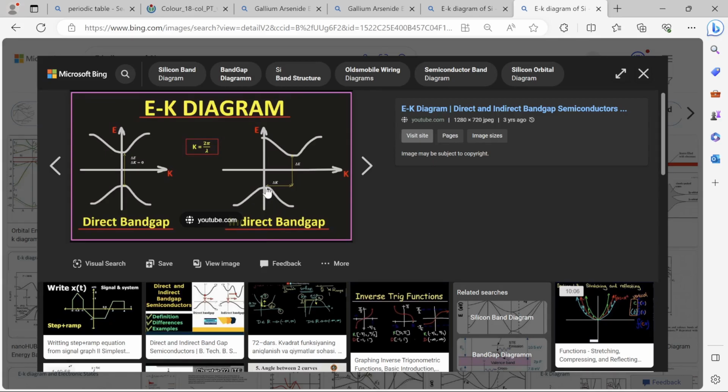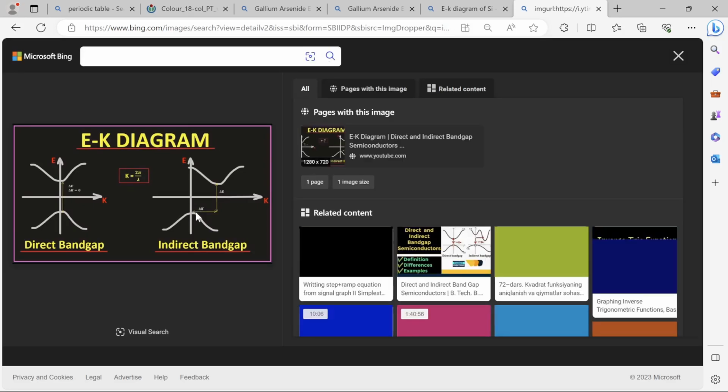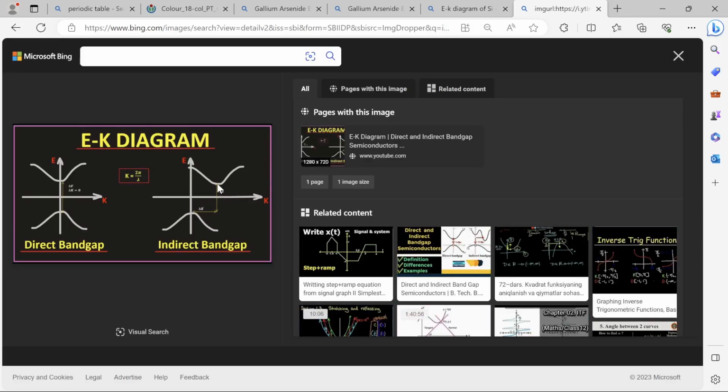This is your valence band, and your next immediate energy level is at a different k value. But for a direct band gap semiconductor, this peak and this dip coincide, at the same k value. That is your direct band gap semiconductor.